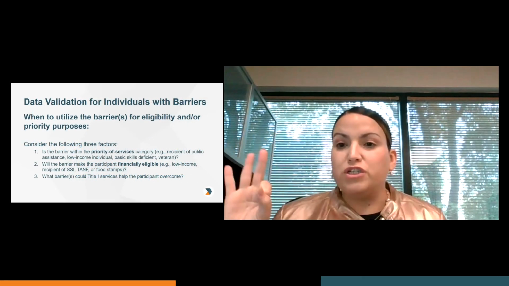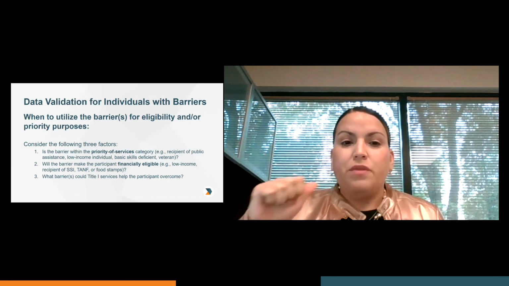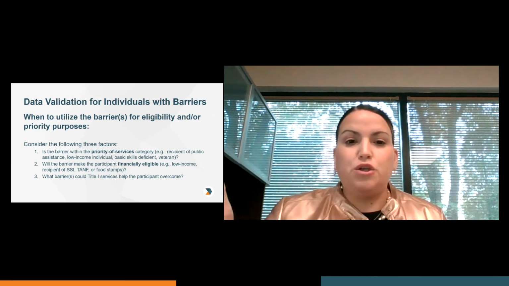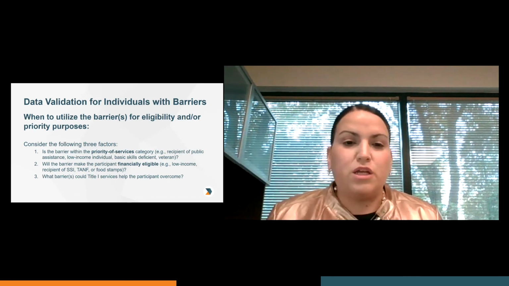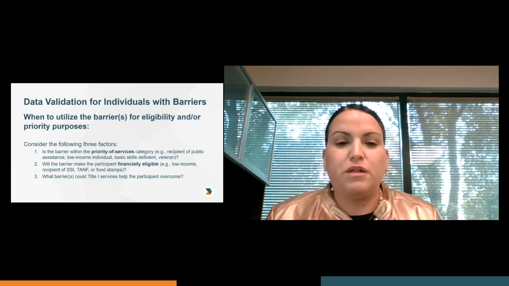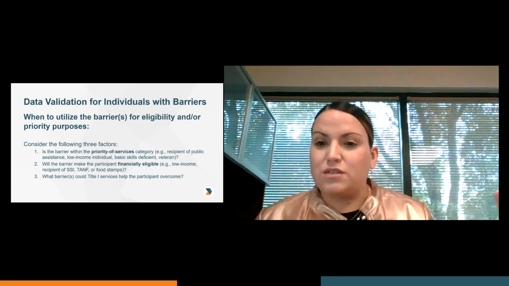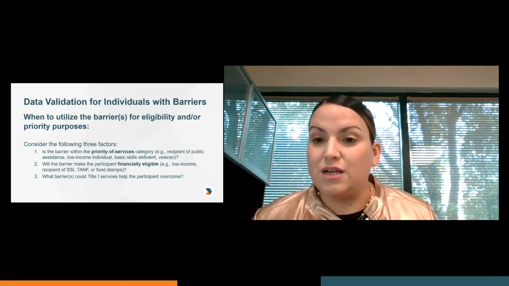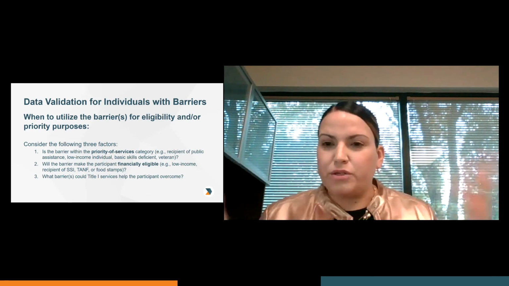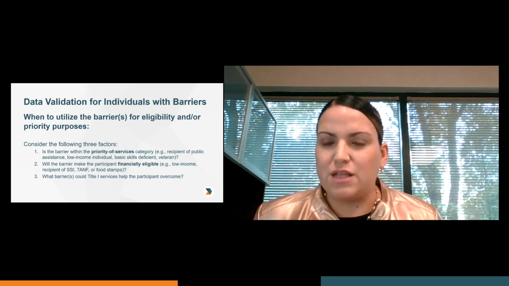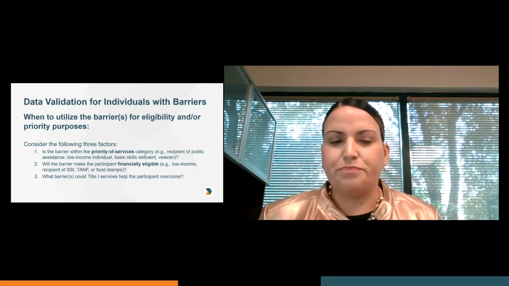So the three questions that I need to ask are: is the barrier relevant to priority of service, is it relevant to financial eligibility, or is the barrier relevant to what kind of services the individual is asking for, like how the barriers relate to the services that he or she is asking for.